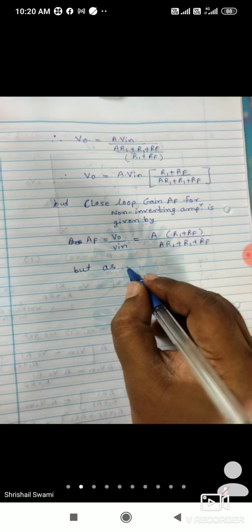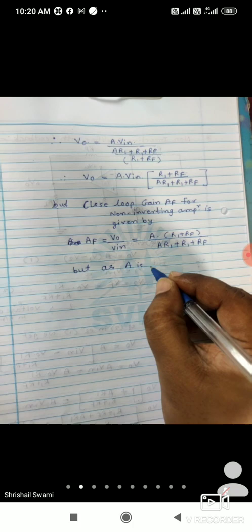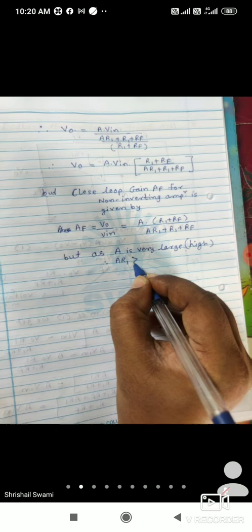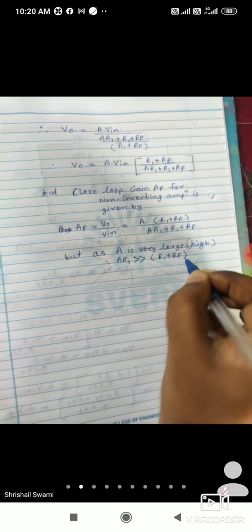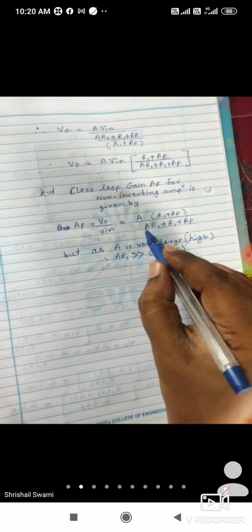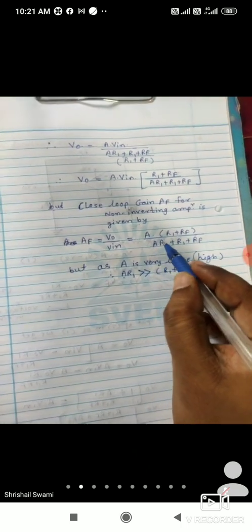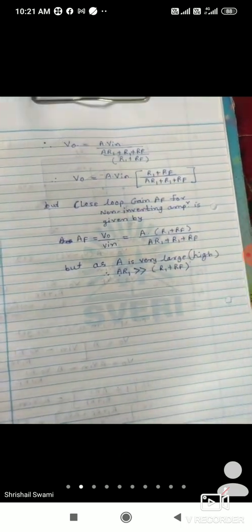But as A is very large or high, the gain is very high, that's why A into R1 is very much greater than R1 plus Rf. Because A is very high, nearly infinite for an ideal op amp, this factor is very high compared with R1 plus Rf.